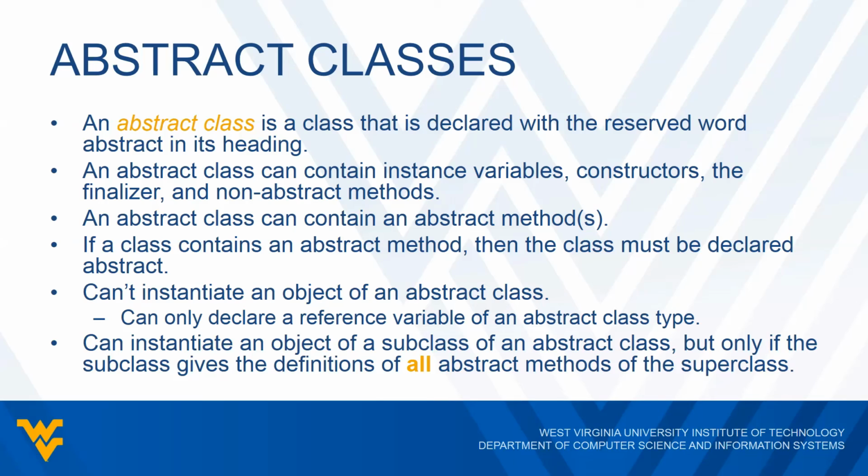We have to make sure that the subclass gives definitions of all the abstract methods of the superclass. So the abstract class may have abstract methods. The subclass can provide definitions of those abstract methods. And if we do that for all the abstract methods in the superclass, then I can create an object of the subclass and do stuff with it.